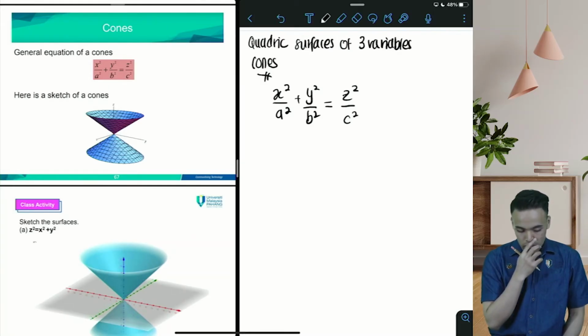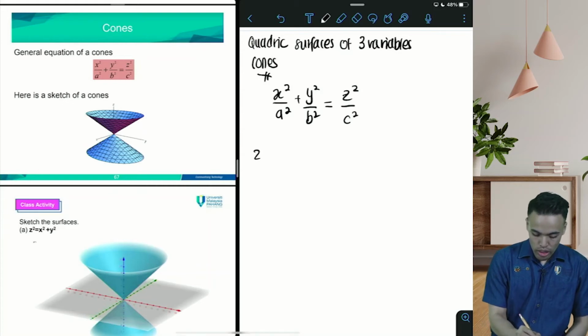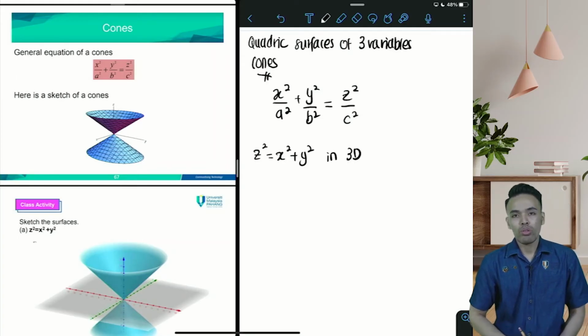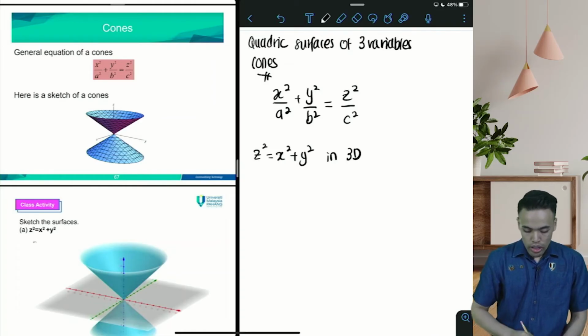Alright, now let's discuss how cones are formed when you are given the equation z squared is equal to x squared plus y squared in 3D. The question asks us to sketch z squared is equal to x squared plus y squared in a three-dimensional coordinate system.